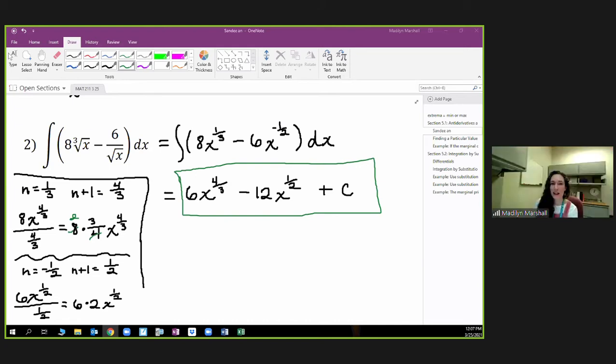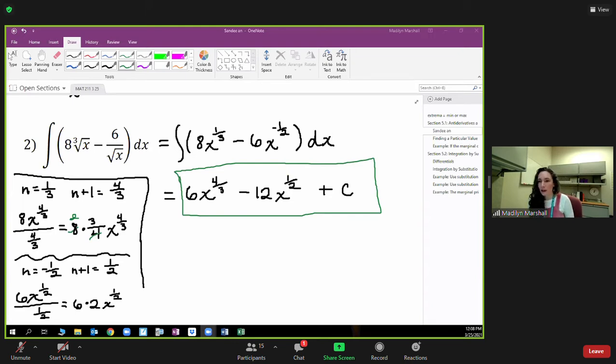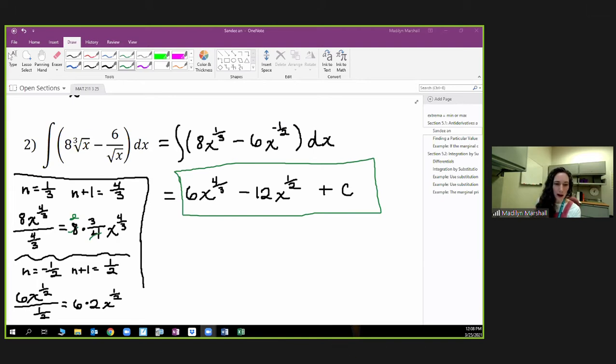Okay, so I am going to put up a link to just one more of this kind of integration practice problem with a fraction exponent. So go ahead and open that and try that one and put your answer in the box.